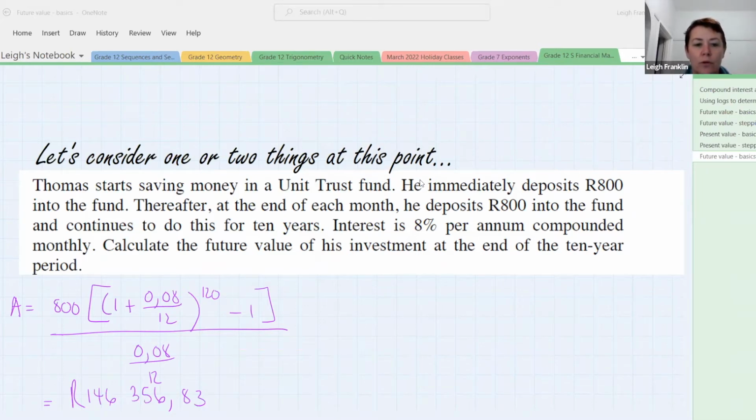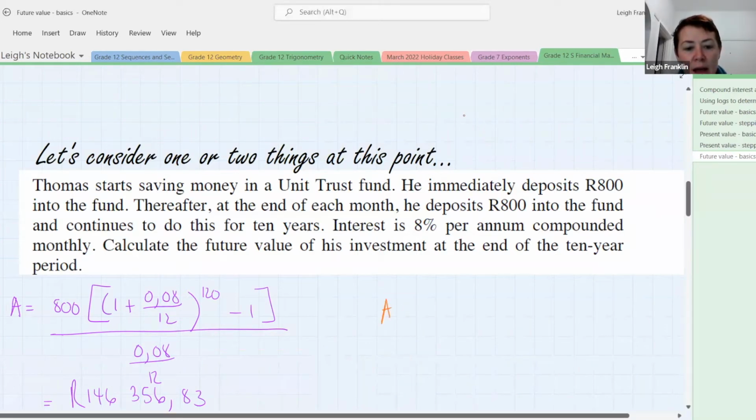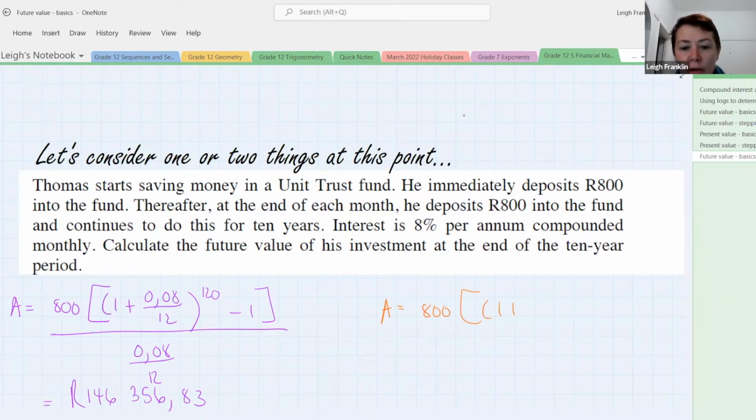Okay. Exactly. So we're going to +1 precisely. It's going to affect our N value, 100%, because there is an extra payment made at the beginning. So in this case, it would have been A equals 800, exactly the same thing. Only our N is going to change to 121.